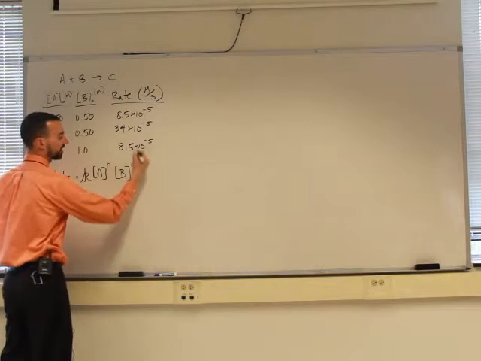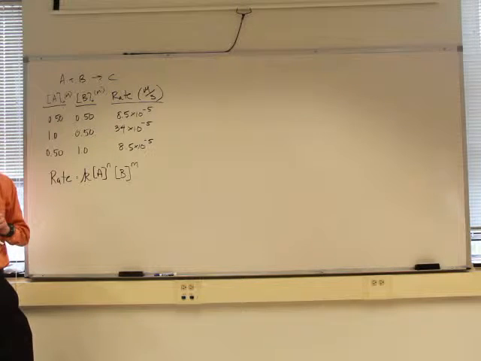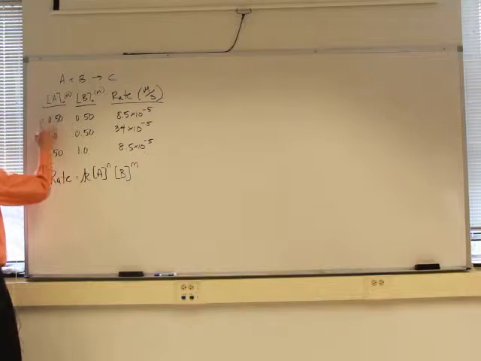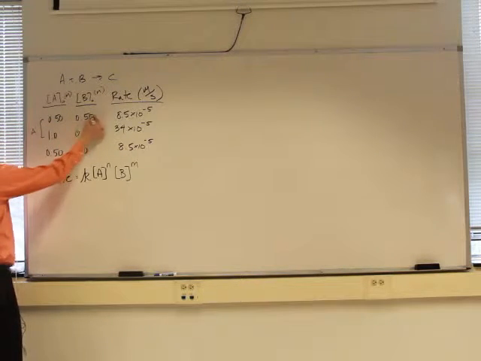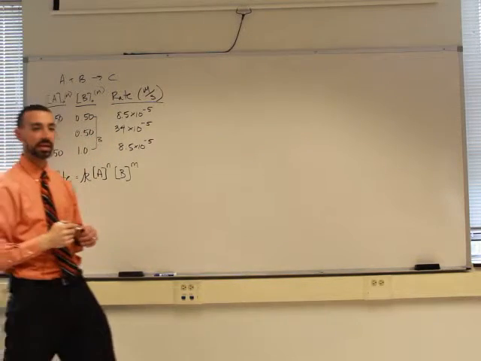I'll use M to represent the order of B. Last problem I needed to find K and N. This problem I need to find K, N, and M. I need to find each one. Comparing trials 1 and 2 will give me the effect of A, and comparing trials 1 and 3 will give me the effect of B.